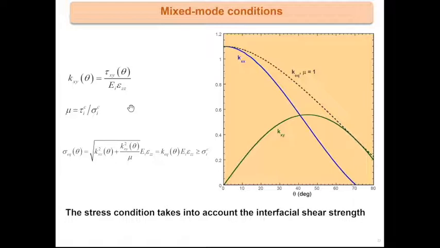Of course, now you have the interfacial strength, and here you have the interfacial shear strength. You have a second parameter to take into account, of course. You can do it like this, and here you have the equivalent stress concentration factor.